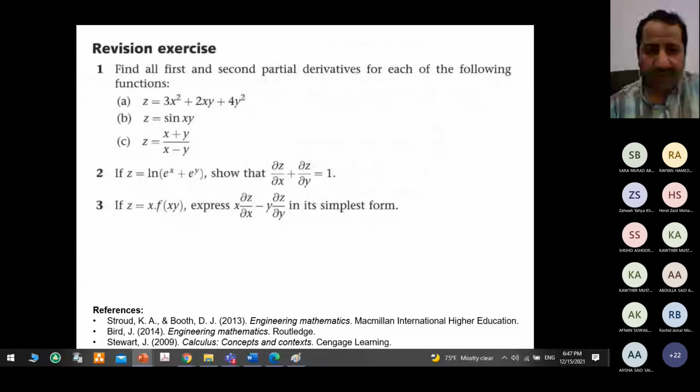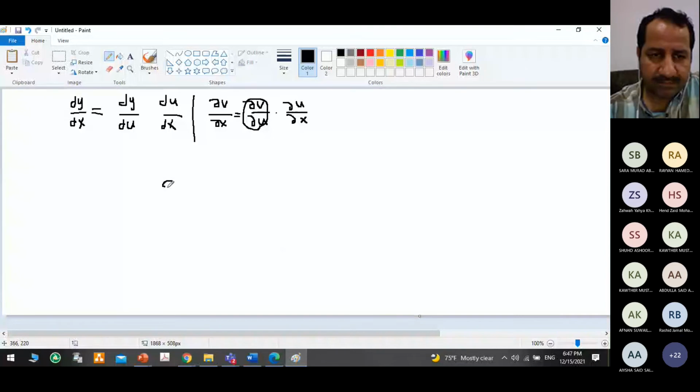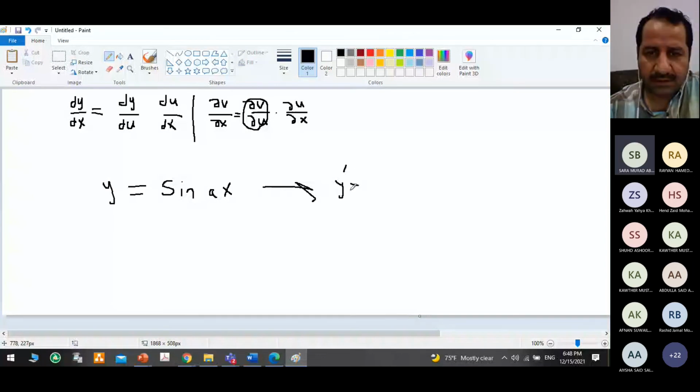Look, just a minute. Let me remind you of the differentiation of sine. If you have y equals sine ax, then y dash equals a cosine ax.